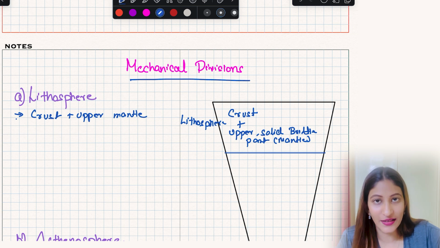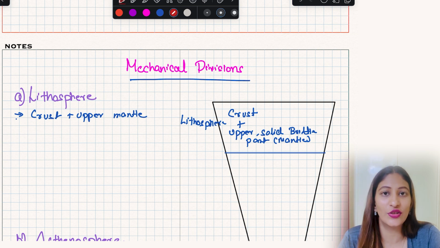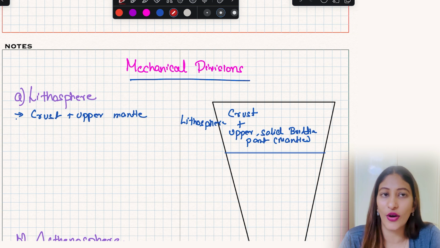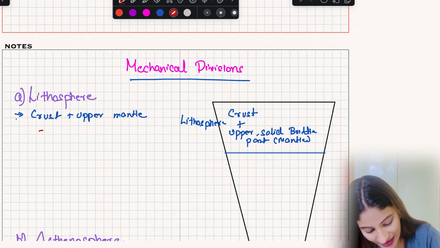This lithosphere will be further talked about in plate tectonics as well. We all imagine that the lithosphere is a continuous layer, that it does not have any breaks or cracks. However, this is not true. It does have breaks, it does have cracks. That is why it floats on the next layer, which is the asthenosphere. We will talk about that as well.